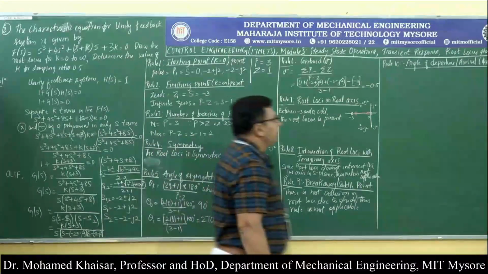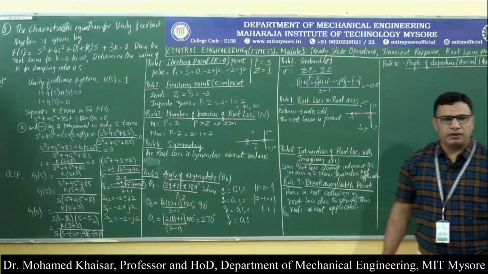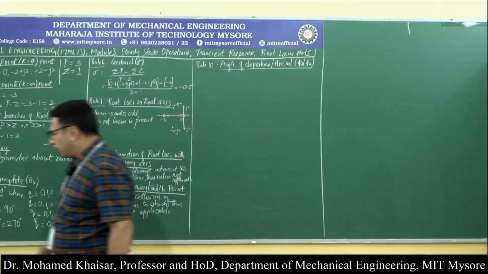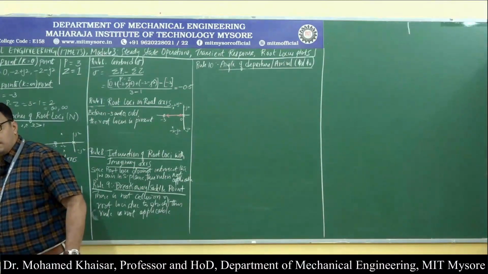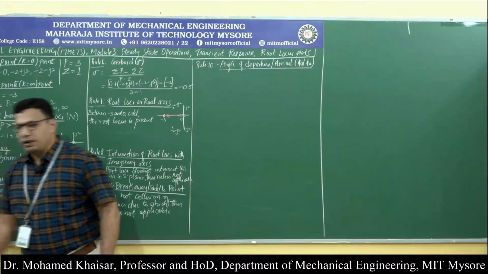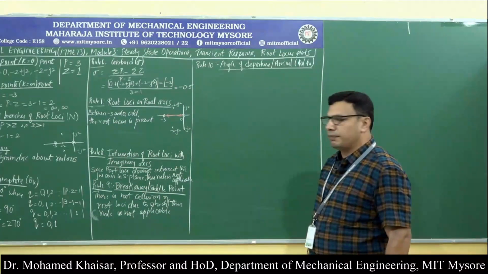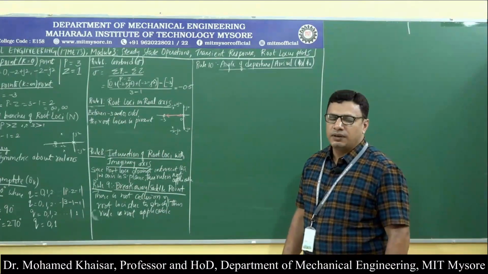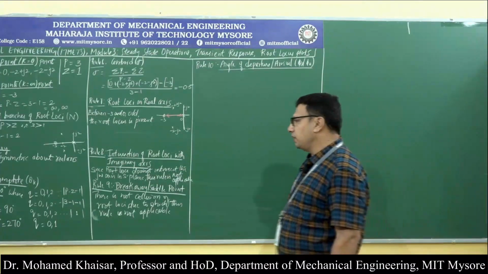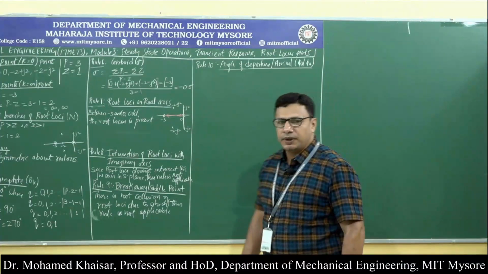Then let us see rule number 10, whether it is applicable or not. In the given problem, after we have derived the open loop transfer function, we found that there are two complex poles, one at -2 plus J2, the other at -2 minus J2. Whenever there are complex poles, obviously the angle of departure is applicable.